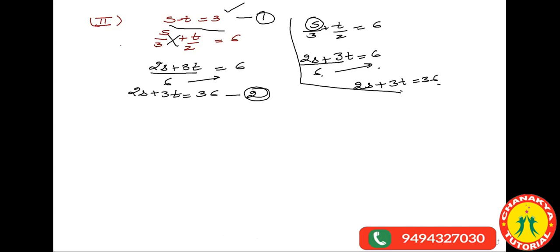Yes, s minus t is equal to 3, beta. Ma'am, t is 6, no, ma'am. Yes. Now you have got it? Yes, ma'am.